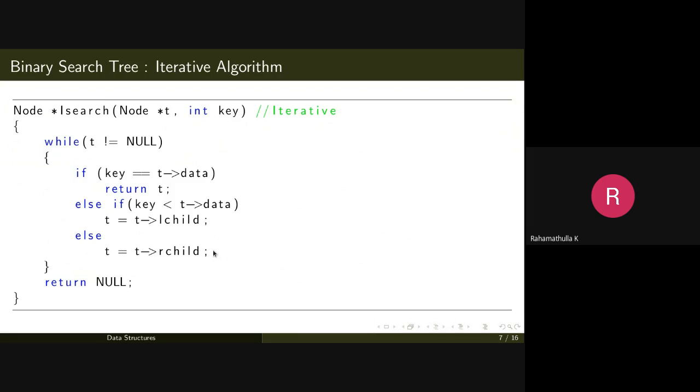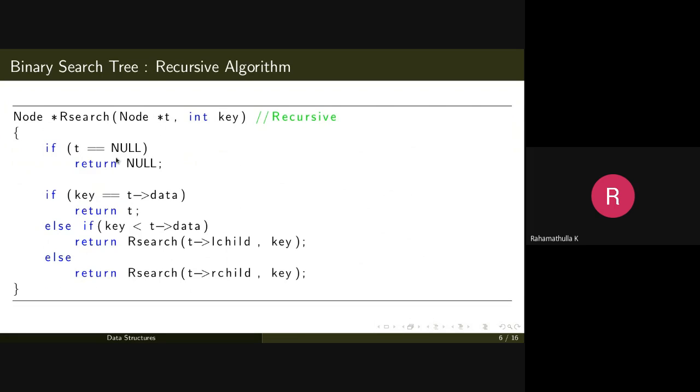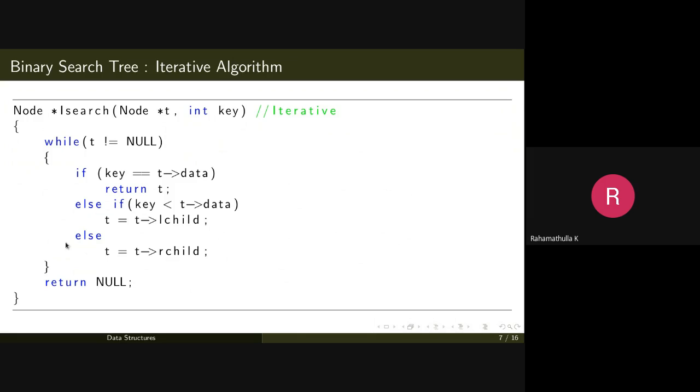Now the iterative algorithm. Here also we will be passing a pointer t, while t not equal to null. So instead of an if statement here we need to use an iterative statement. So we'll be starting with a while loop, while t pointer not equal to null. If t is pointing to null, that means that you are going to search in a tree which is null, so you return null.